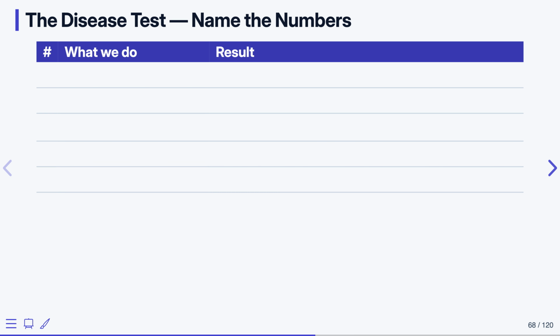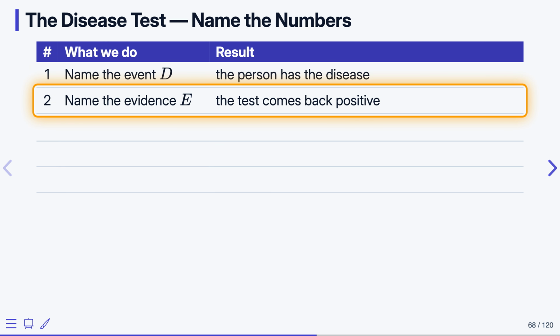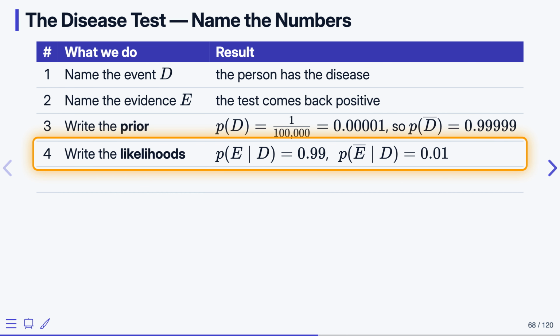Before touching the formula, we write down every number and give it a name. Step 1. D is the event that the person has the disease. Step 2. E is the evidence of positive test. Step 3. The prior. One person in 100,000 has the disease, so P of D is 0.00001. Then P of not D is 0.99999. Step 4. The likelihoods.